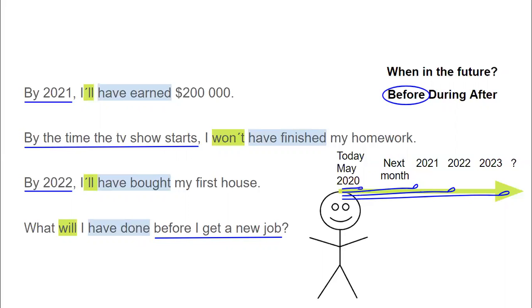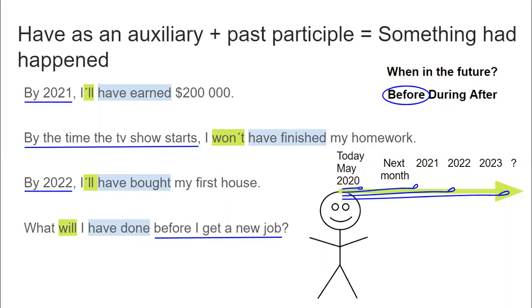So in these sentences, the action is taking place before the time expressed. Now, we know if we use have as an auxiliary plus the past participle, we're talking about something that will have happened.